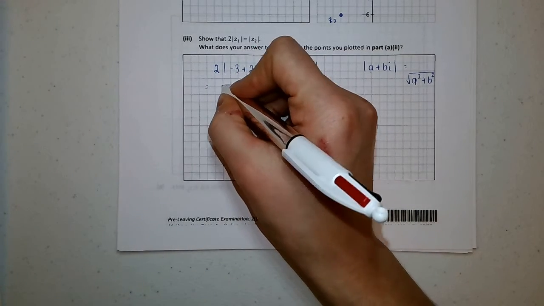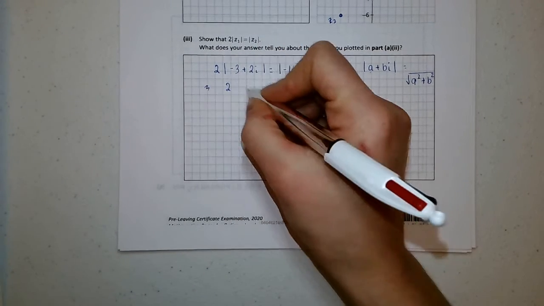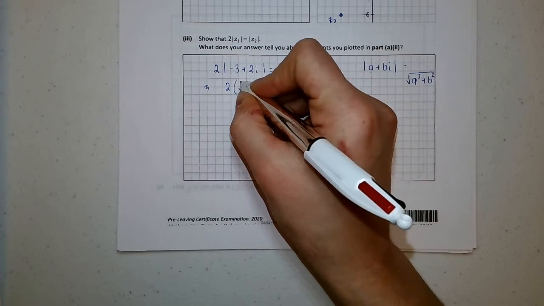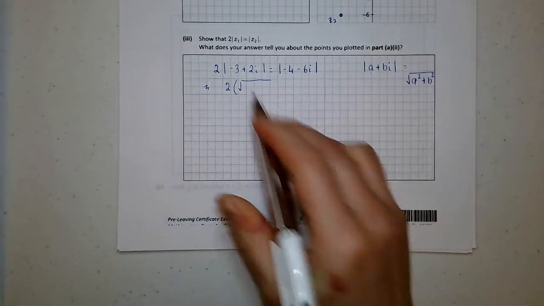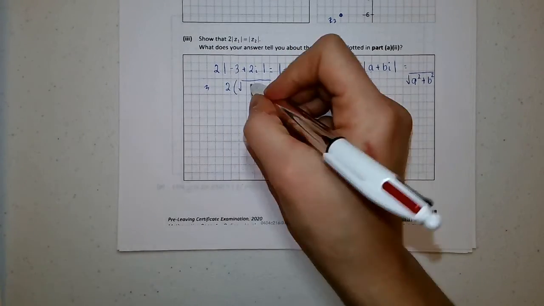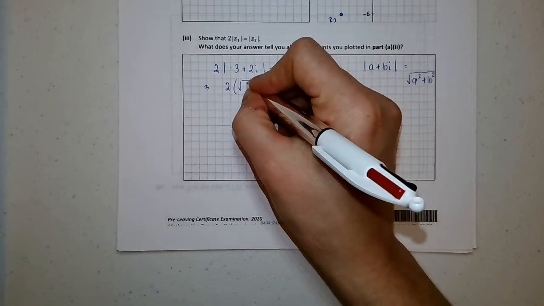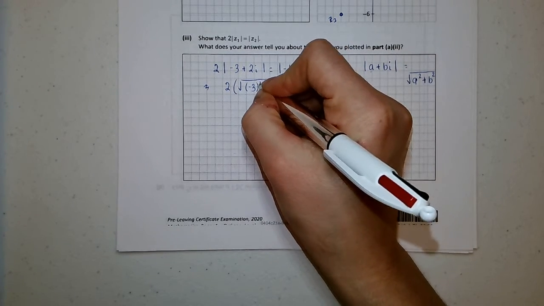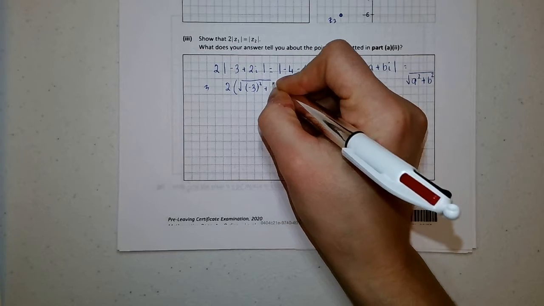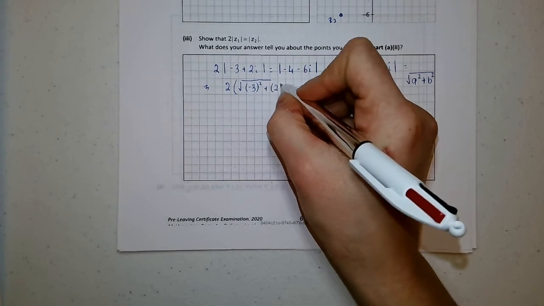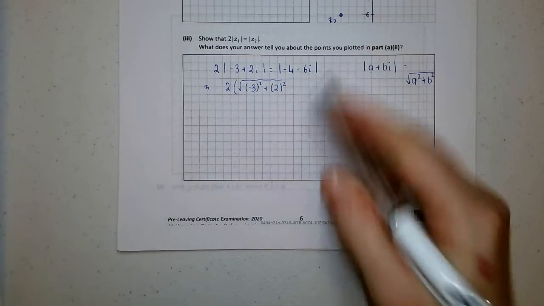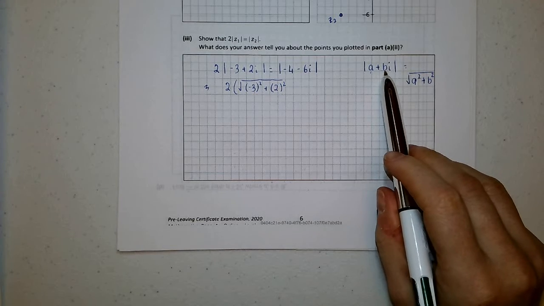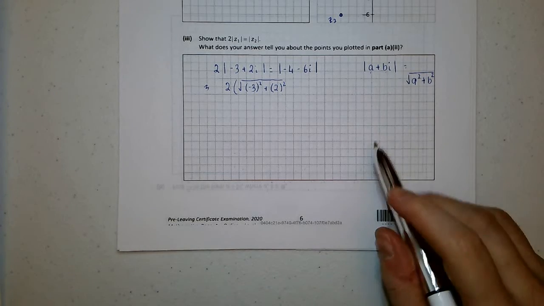The way that we do that, we say 2 multiplied by the square root of the first term squared, so minus 3 squared, plus the second term squared without the i. In a plus bi, the b is the number in front of the i.